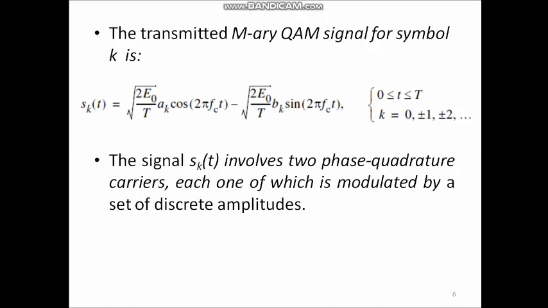Quadrature refers to the 90 degree phase shift, and amplitude modulation refers to amplitude variation. Here, E0 is the energy of the message signal with the lowest amplitude. Since both amplitude and phase are changed here, it is called quadrature amplitude modulation.